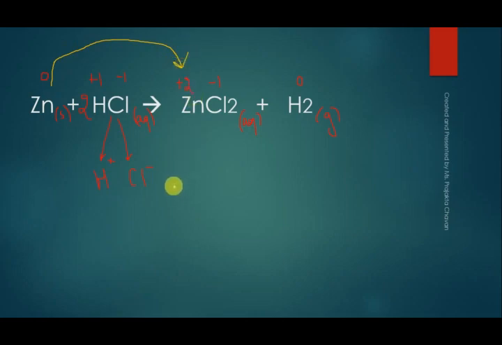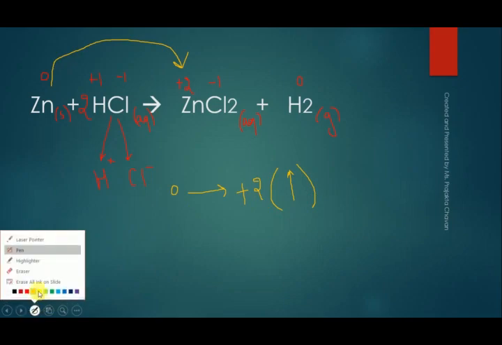So we can say from 0 it is changing to plus 2. Or in other words, the charge is increasing, isn't it? So this is what we have observed for zinc.